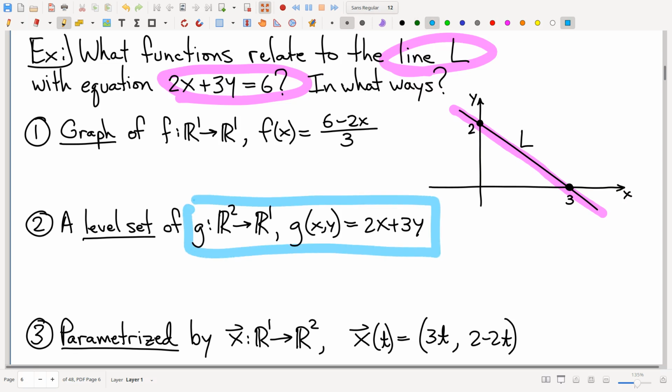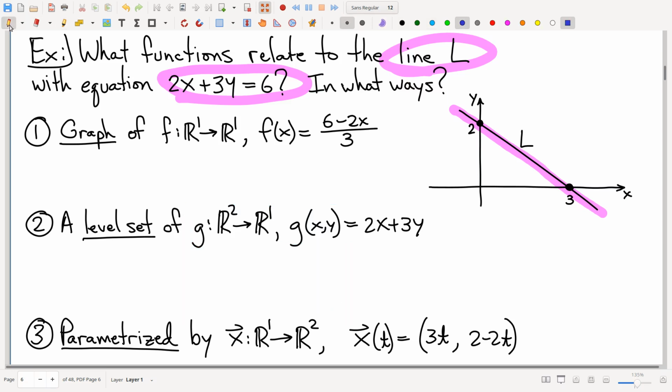And I claim that this function does it. Now, again, I have to persuade you that this is the case. So let's actually take a level set of this function. A level set of this function is what you get when you set the output value equal to a constant, and there's a bunch of different level sets. I only need to show that one of the level sets is my original line. That means I get to put anything I want here, and I'm going to choose 6.